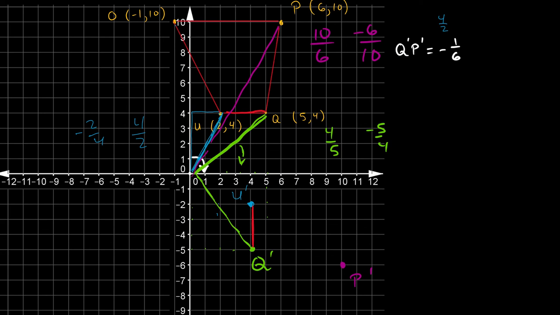O was running along this line, and O had a slope of, let's see, the rise was 10 and the run was back 1. So now I'm going to take the opposite reciprocal of that. I'm going to go up 1 and over to 10. So this should now be the location of O.